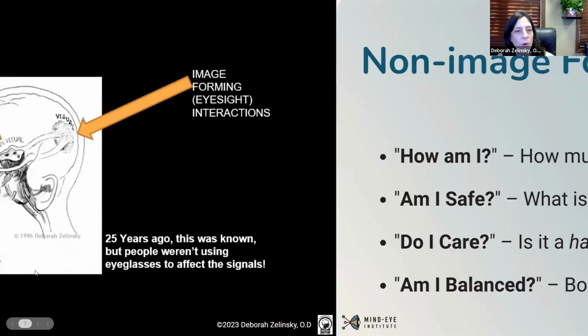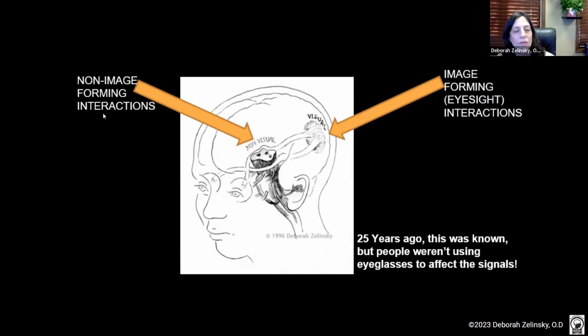So to put it a different way, there's these non-image forming interactions, and there's these image forming interactions. And this picture was drawn by my aunt in 1996. So it's actually 27 years ago now. And at that time, the neuroscience research was showing this, but we weren't using eyeglasses to affect those non-image forming signaling pathways.